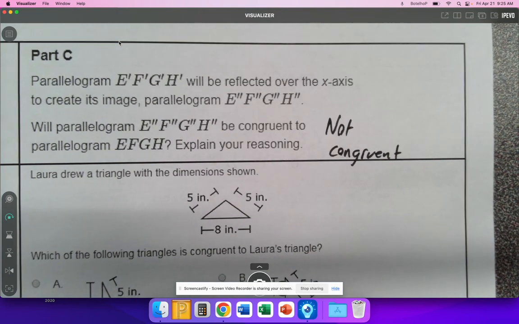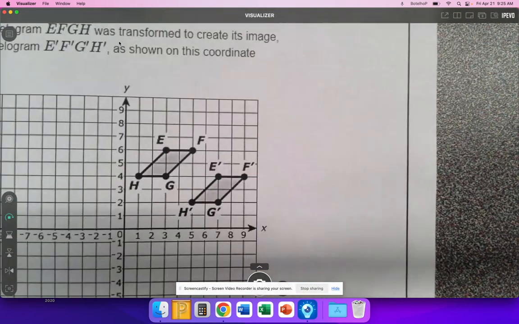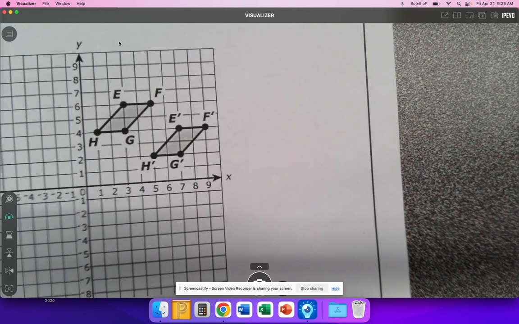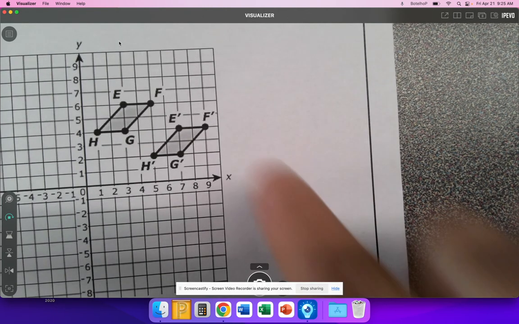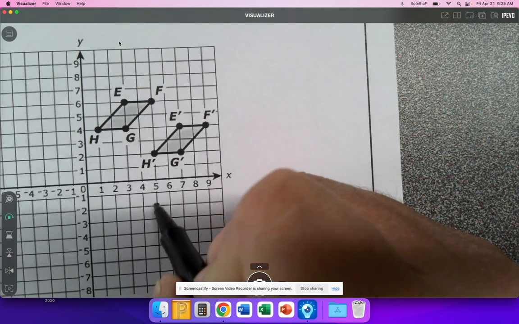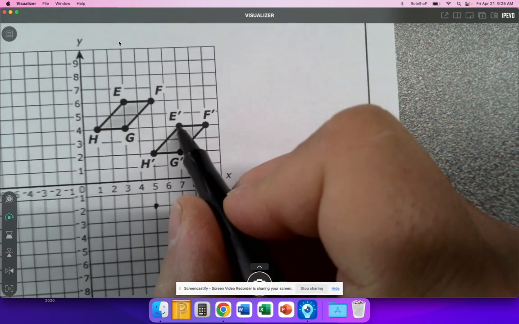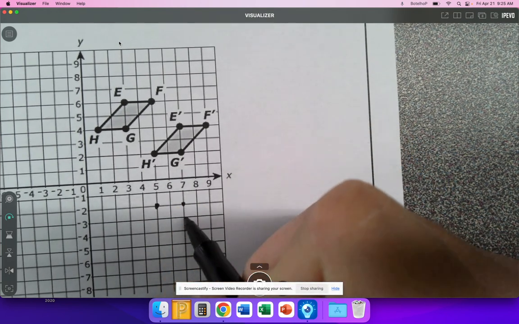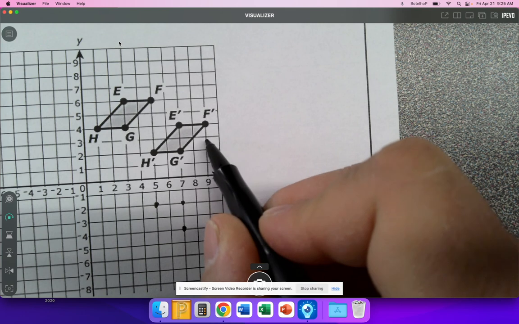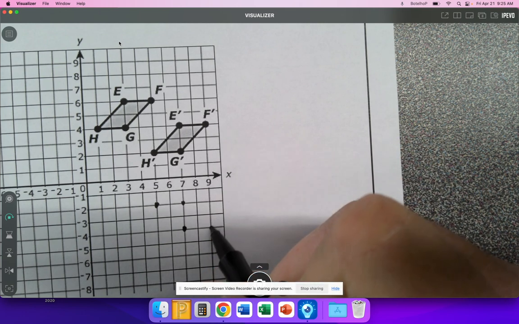If you look back to the original figure here, if I reflect it over the x-axis, it's just going to be flipped over. 1, 2, 3, 4 to my line. 1, 2, 3, 4, and then this one's here.